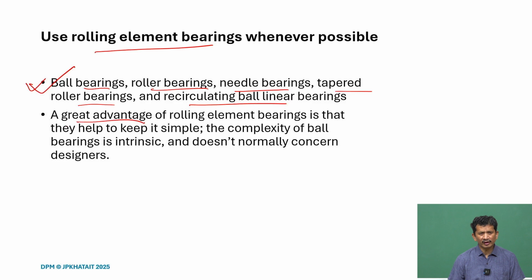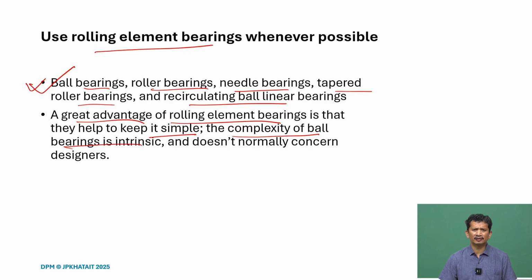One of the reasons why you want to use rolling element bearings is that they are simple to use. If we open any bearing, it is highly complex, but it is hidden, it is intrinsic, and we don't have to worry. Designers usually don't have to worry about how the bearings are made or designed.